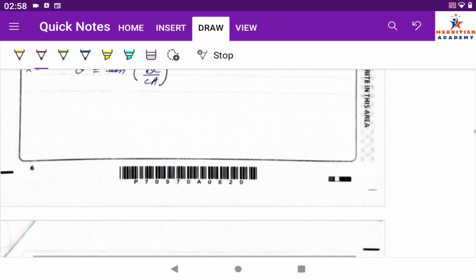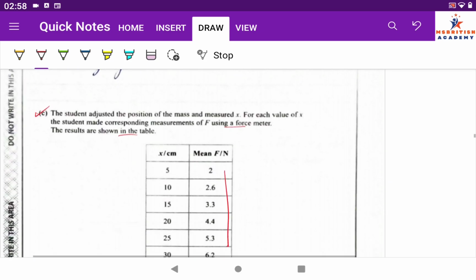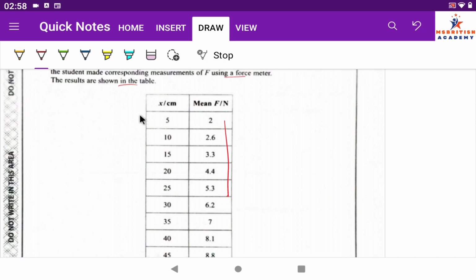It has already been found that at 10 centimeter the F value is 2.6, and you can plot this data on the graph.